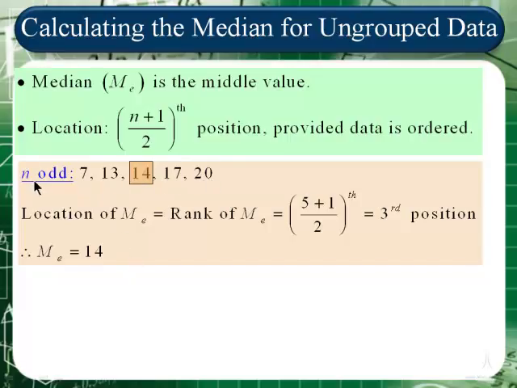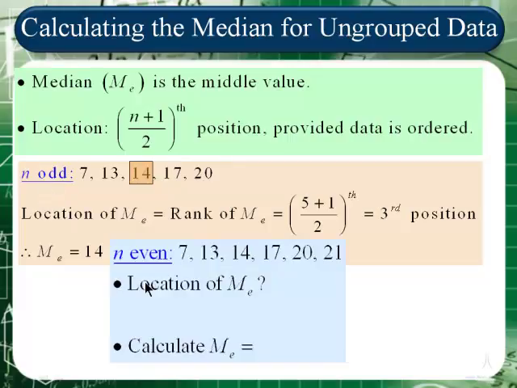What about the case where the number of observations is even? Like in this case, we have in total 6 observations. Firstly we need to find the location of the median, or the rank. The position is (6 plus 1) divided by 2, so it's position 3.5.